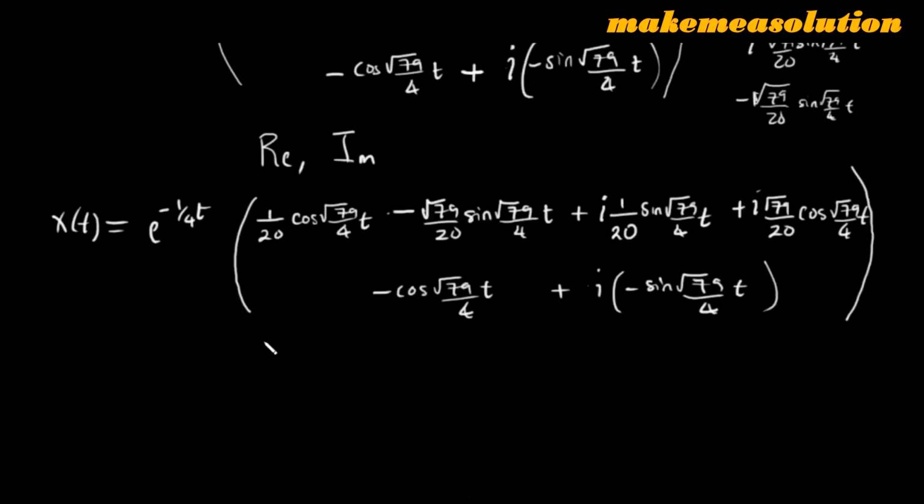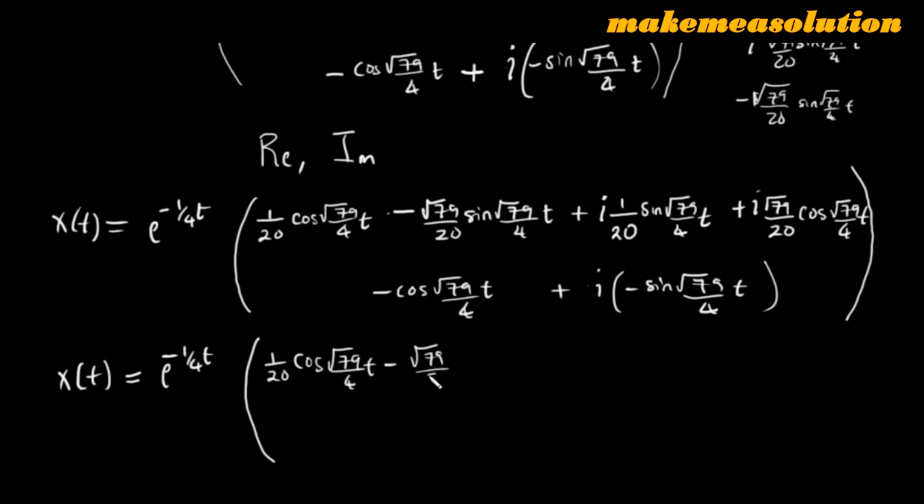Then when we collect all the real and imaginary parts, we'll have our x of t to be equal to exponential minus 1 all over 4t into, collecting the real parts, you will have 1 all over 20 cos root 79 over 4t minus root 79 over 20 sine root 79 over 4t.